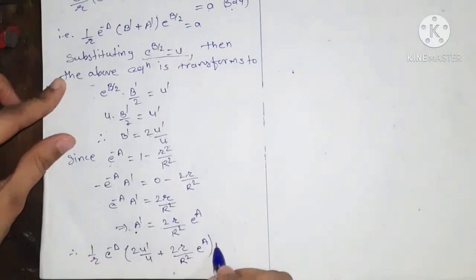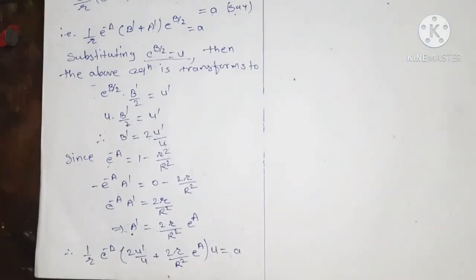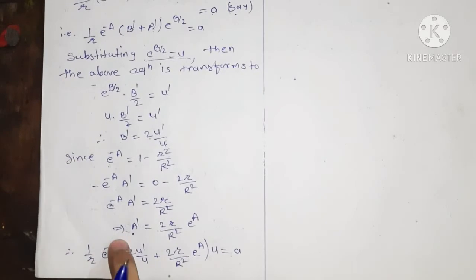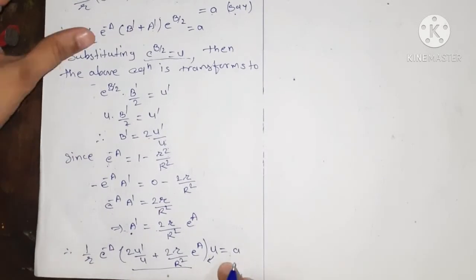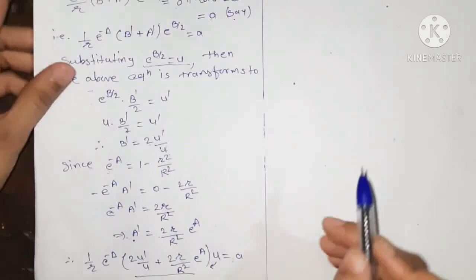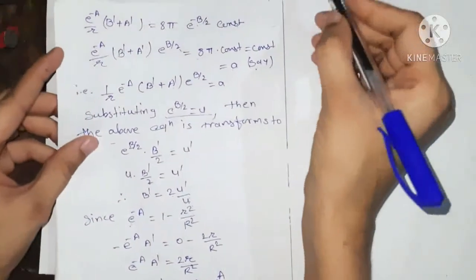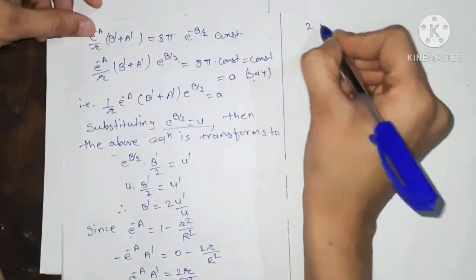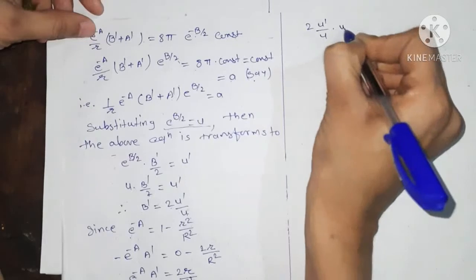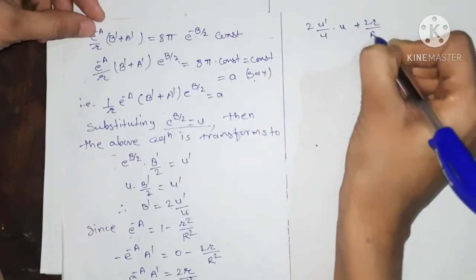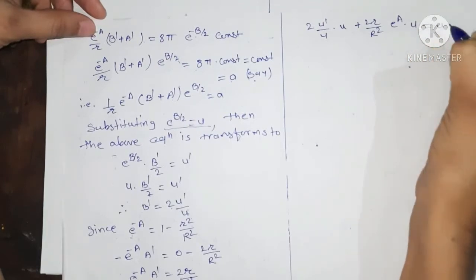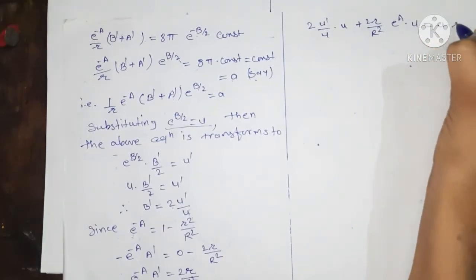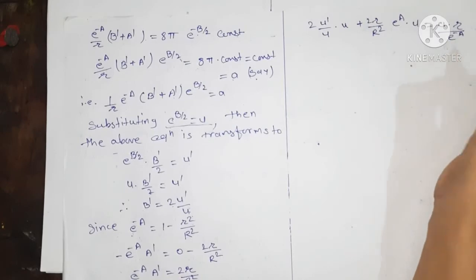Therefore we write here u is equals to a. Okay, now we take 1 upon r e to the power minus a to this side and open this bracket by this u. Therefore we can write this as twice u dash upon u into u plus twice r upon capital R square e to the power a into u, that is equals to a into r upon e to the power minus a.